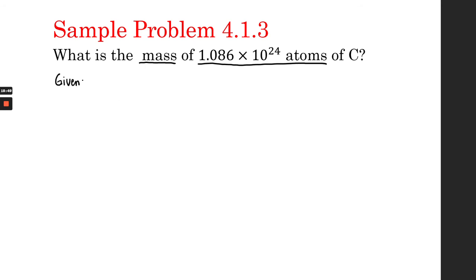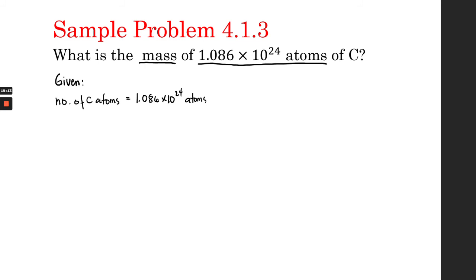Let's write our givens. The number of carbon atoms that they gave me is equal to 1.086 times 10 raised to 24 atoms.